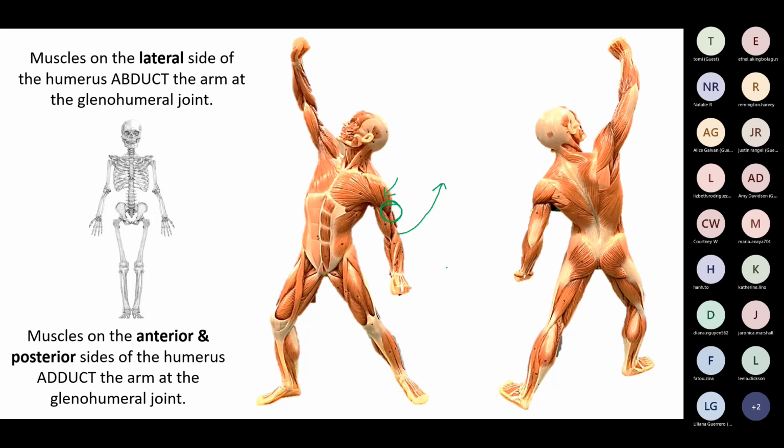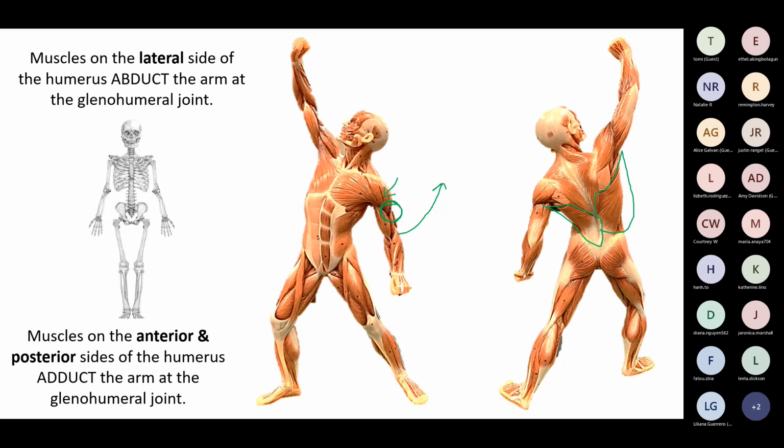Deltoid muscle, major abductor. Some of my major adductors, again, that latissimus muscle that we talked about. I keep losing my pointer. There we go. Okay. The latissimus muscle is one of my big adductors, pulling it back down into place. But all my friends who live on the back side are also able to pull it back toward the midline of the body.